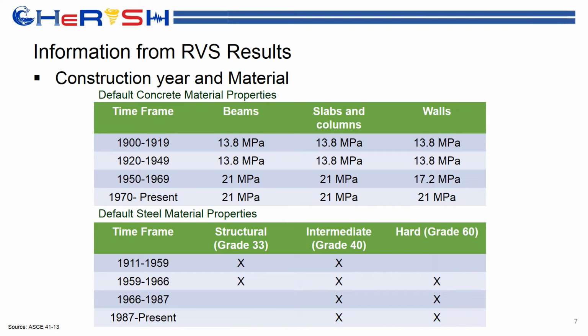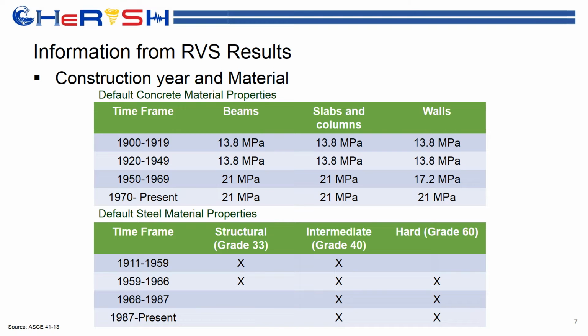And 1959 to 1966, that was the time when grade 60 reinforcing steel was introduced in the market. And this is actually US data. So more so, you can expect that this type of materials reached the Philippines at a later year as compared to the years provided here in the slide.